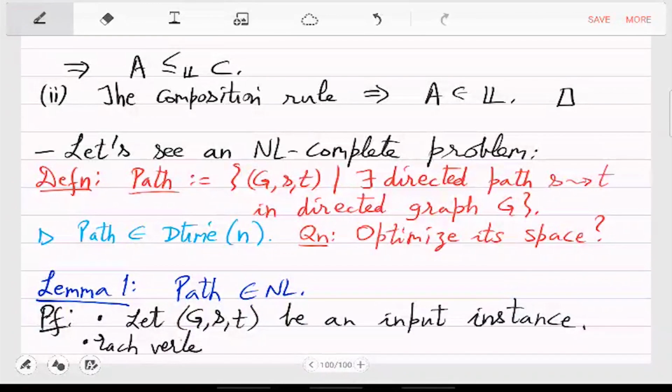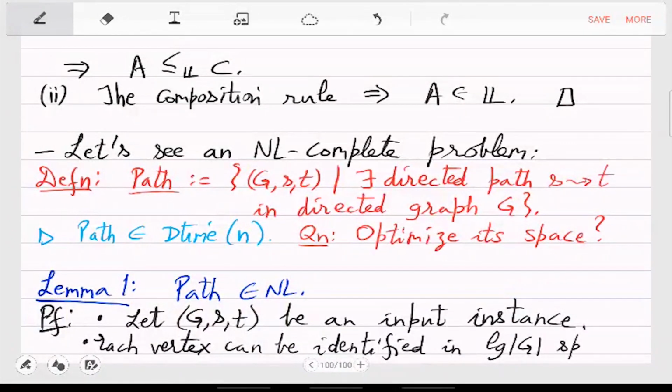Each vertex can be identified in log of size of G space. There are size of G many vertices, and so log of that is the amount you need. Technically it's the ceiling of this, but we generally ignore that because of the asymptotics. But the ceiling of this many bits will suffice to index any vertex.